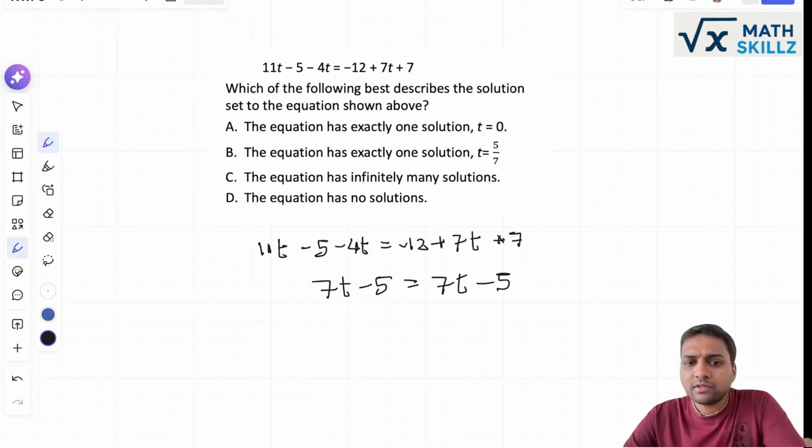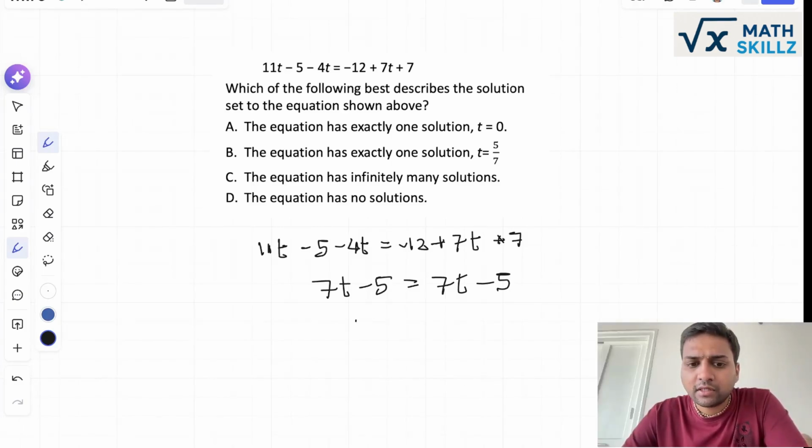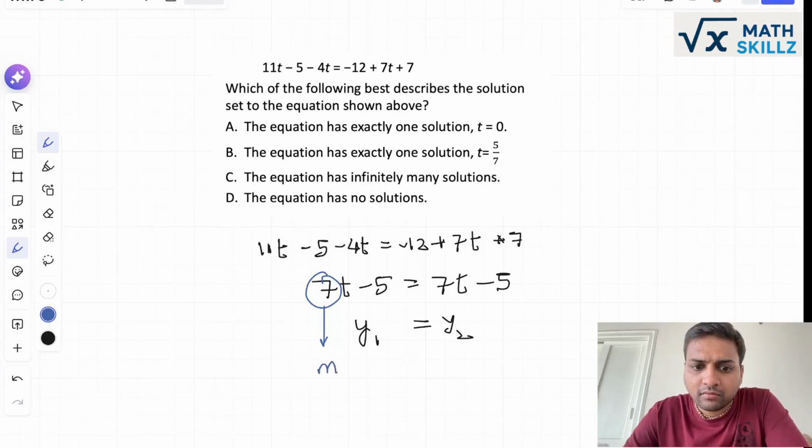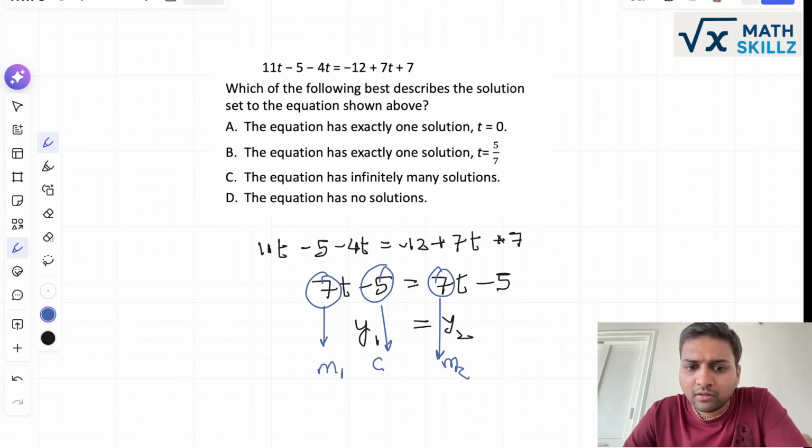So we have the same expression on both sides. I can call one y1 and the other y2, so y1 equals y2. If you see here, this is the slope m1 and this is the slope m2, and this is the y-intercept for the first line, c1, and this is the y-intercept for the second line, c2.